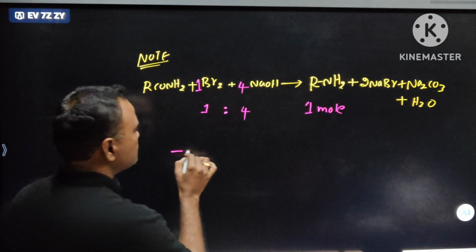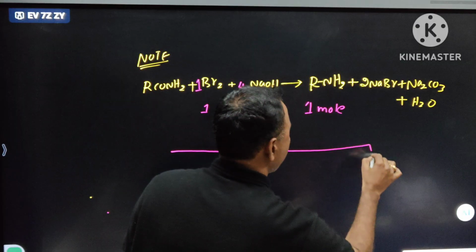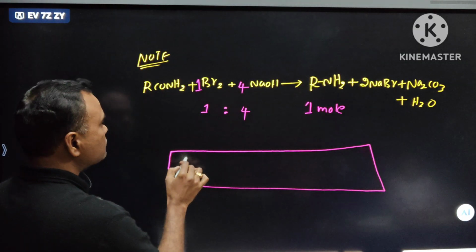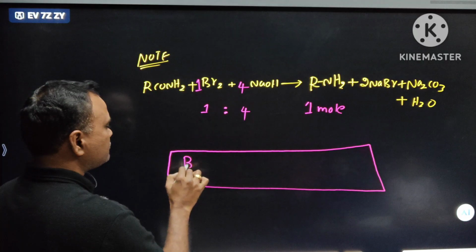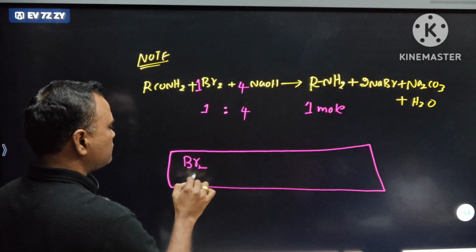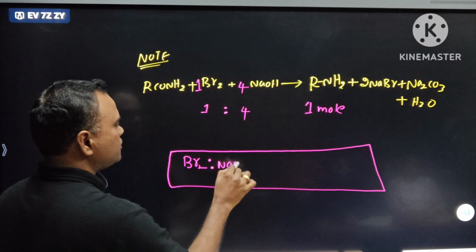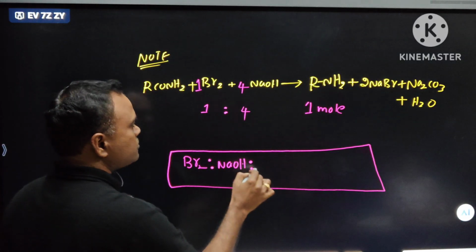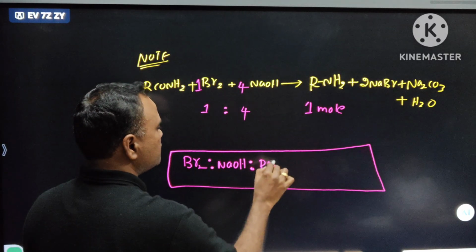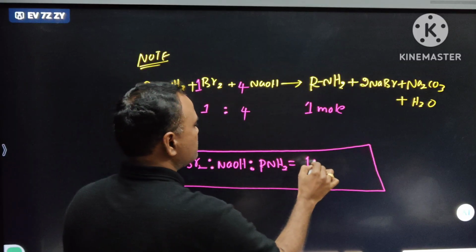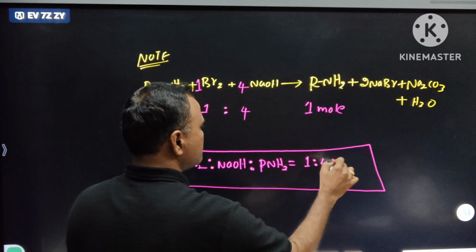You can write like this: Br2 is to NaOH is to amine is equal to 1 is to 4 is to 1.